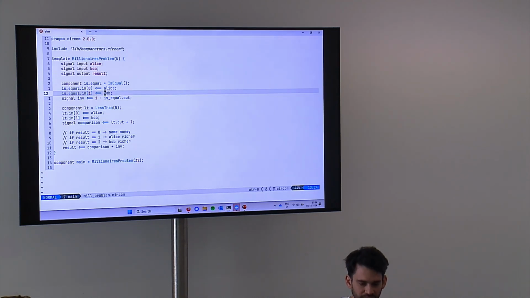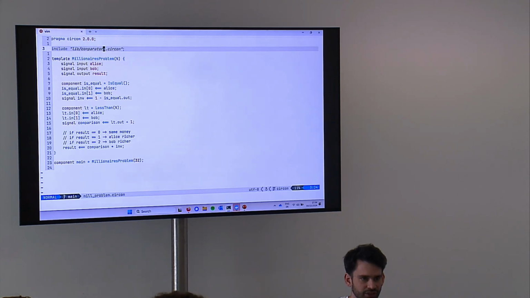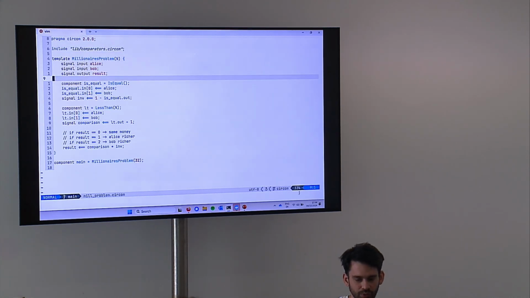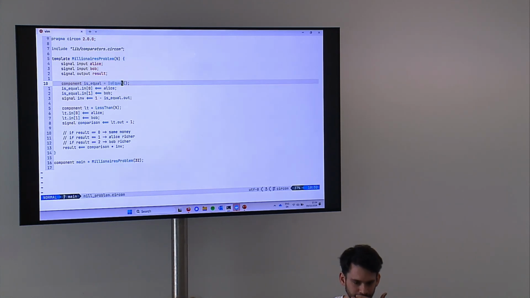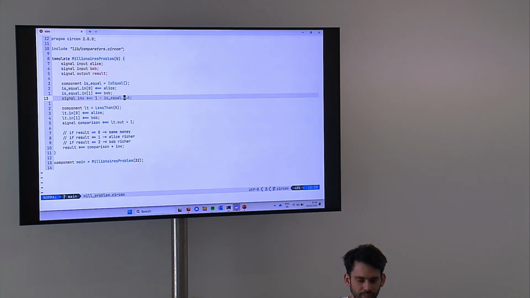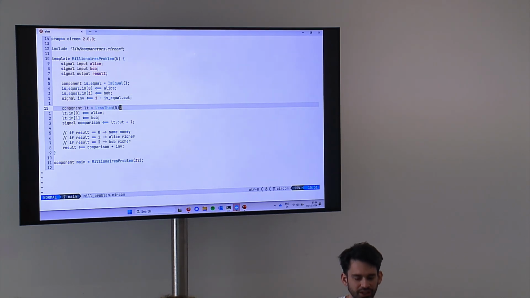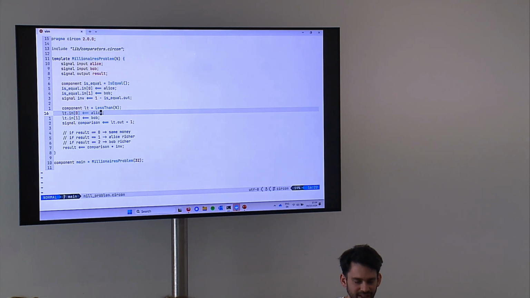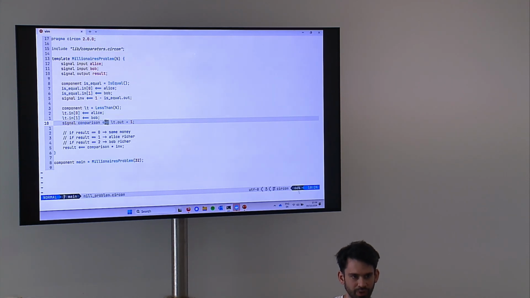We do that by first including some utility functionality from the Circom standard library, unofficial, I guess, but there are some cool utility functions there. First is to check if the values are equal. So we get 1 if the values are equal, and we invert the result, as remember, we want the result to be 0 if they have the same money. Afterwards, we check whether Alice has less money than Bob, and increment the result by 1.